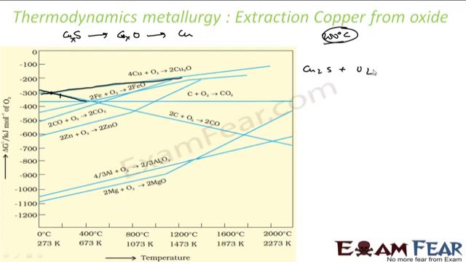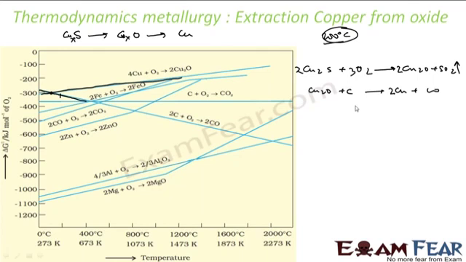You heat it in the presence of oxygen, and you get copper oxide and sulfur dioxide gas. You can balance this reaction. Once I have the copper oxide, I can reduce it to form copper. Cu2O, I can reduce in the presence of carbon to form copper and carbon monoxide.